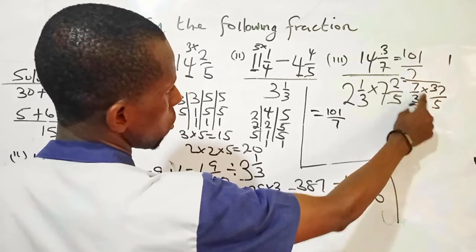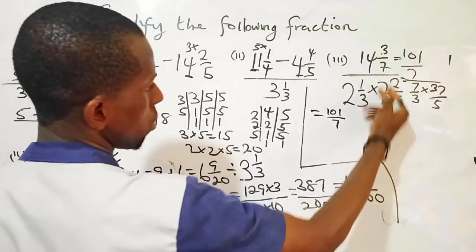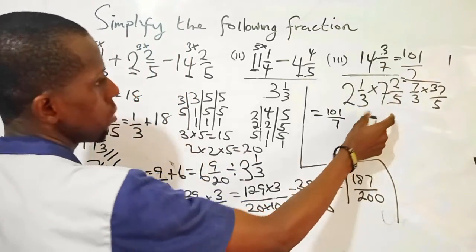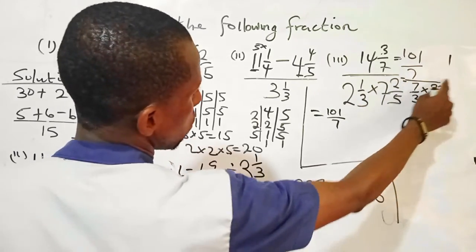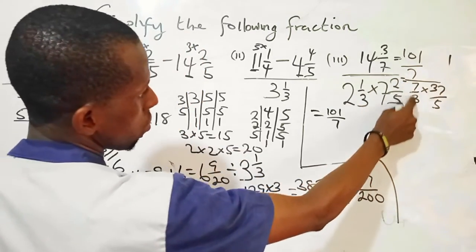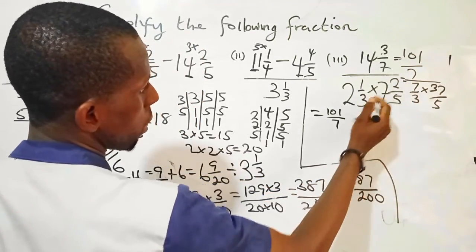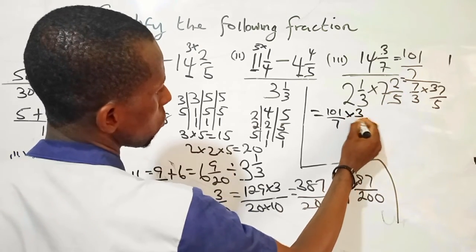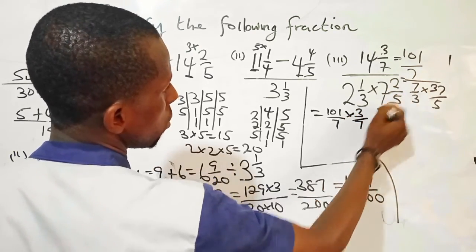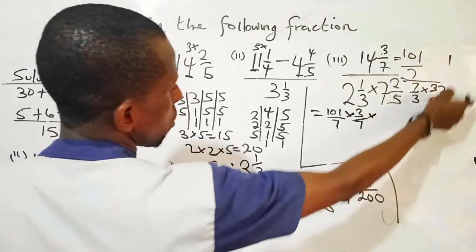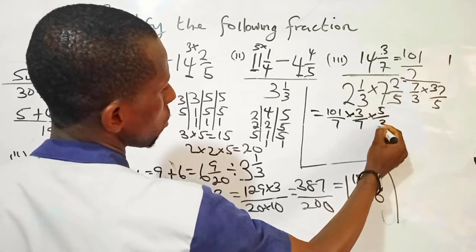We have multiplication, and this is the division line that connects the numerator and the denominator. Because of this division line, we have to reciprocate this. So 7 over 3 will now be times 3 over 7. Because of the division line, we have times 5 over 37.